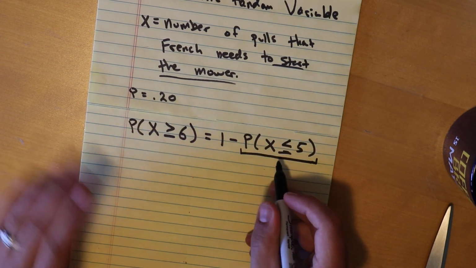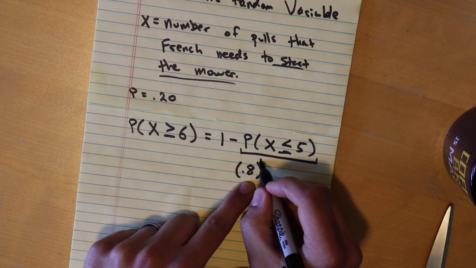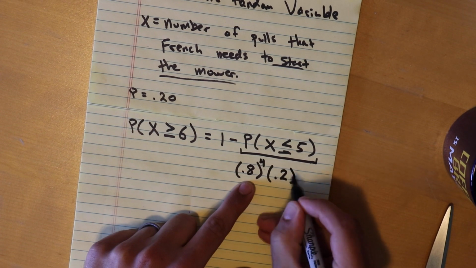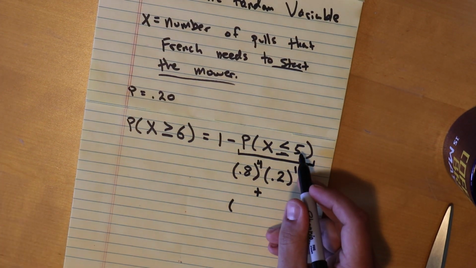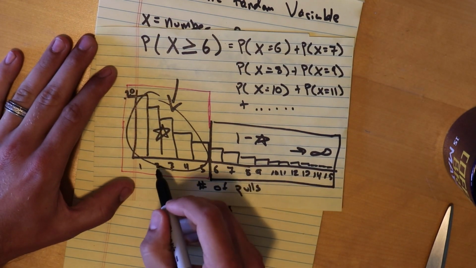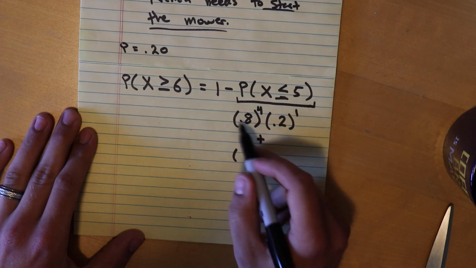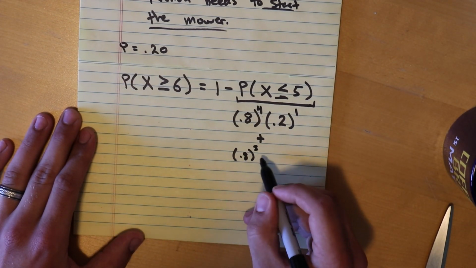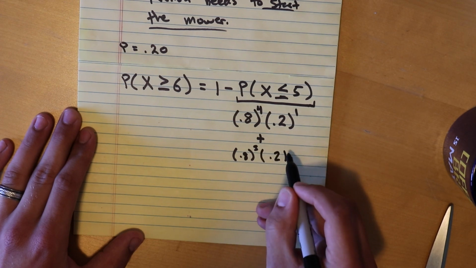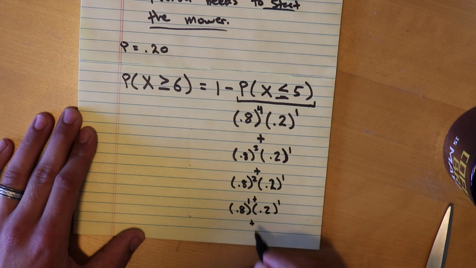This is the probability it would take 5 pulls, which would mean you have 4 failures and then a success on your last, or 4 pulls, or 3, or 2, or 1. You'll notice I'm going to separate the "or" with an addition. So it could take 5 pulls to get your success, or it could take 4 pulls, which means you failed 3 times and then got success on the last one, or 3 attempts, or 2 attempts, or the very first attempt.